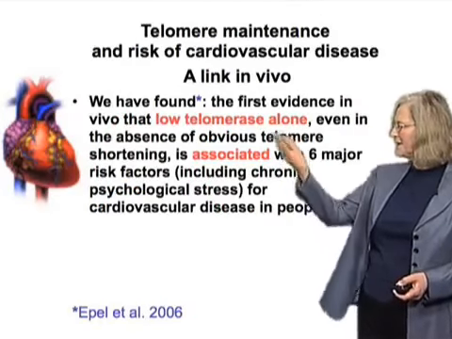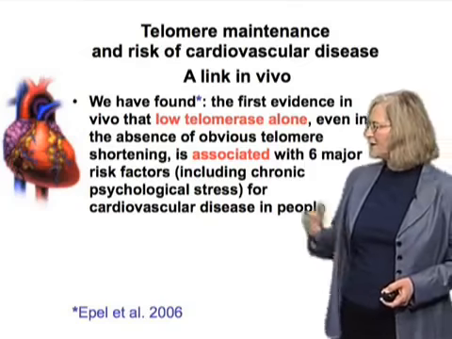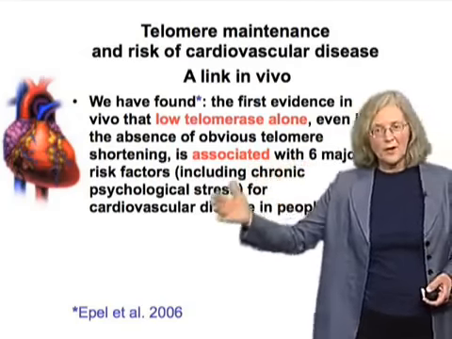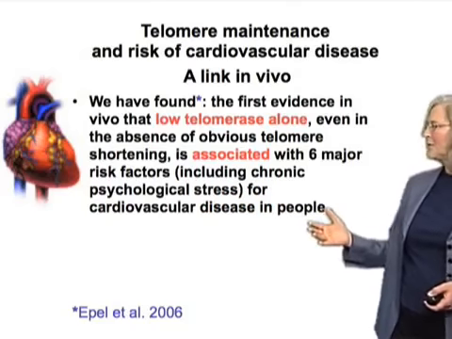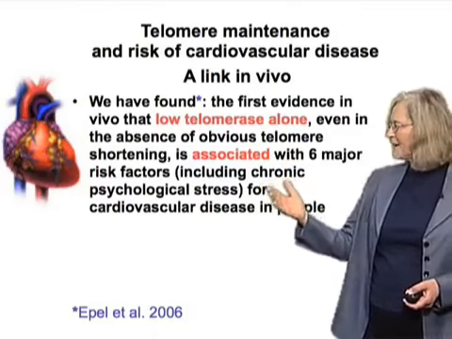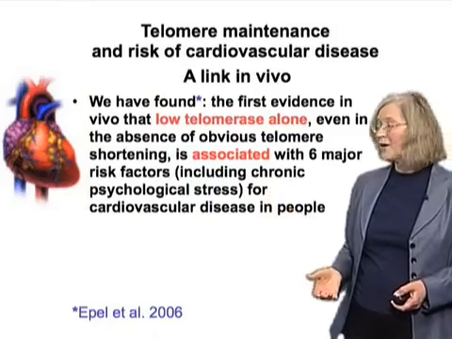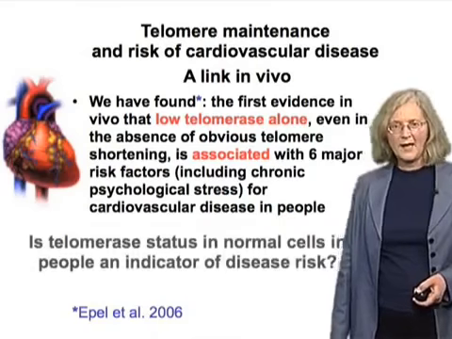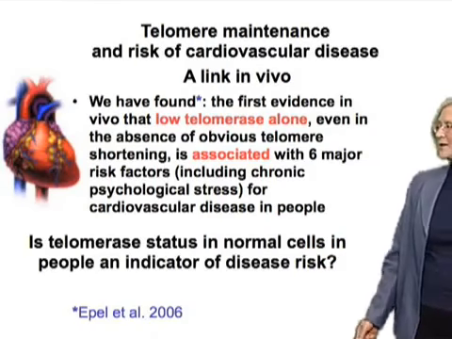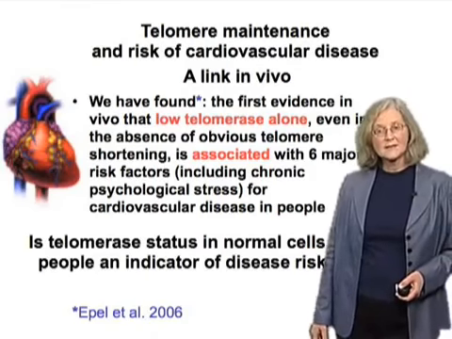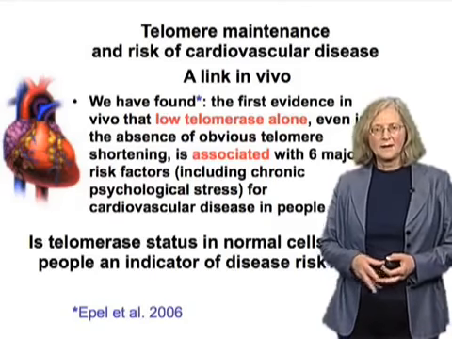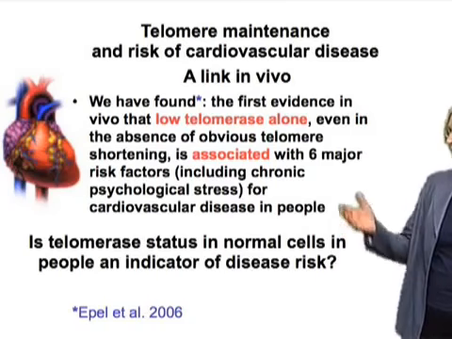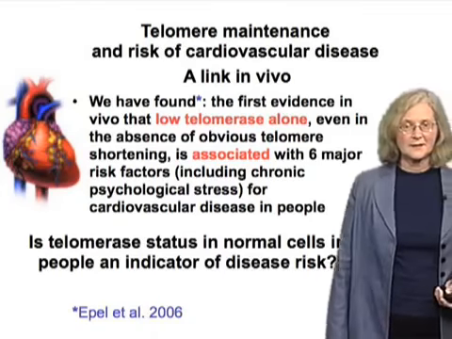So what we've seen, in summary, is that low telomerase alone, even in the absence of obvious telomere shortening, which may well happen later but hasn't happened in this group, is associated with 6 major risk factors for cardiovascular disease in people, including chronic psychological stress. And so that raises an interesting question: is telomerase status in normal cells of people an indicator of their disease risks, for example, cardiovascular disease?